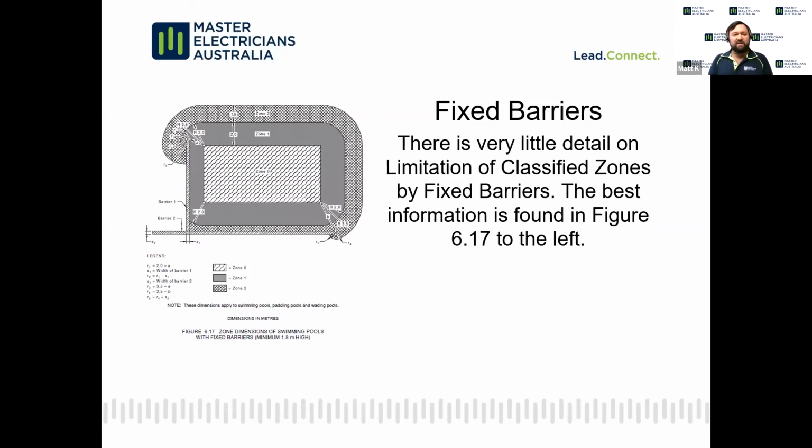It talks about a minimum 1.8 metre high fixed partition, and probably the best information we have in the wiring rules is in figure 6.17. That's on the left-hand side of that slide there, but that can be a little bit hard to follow.